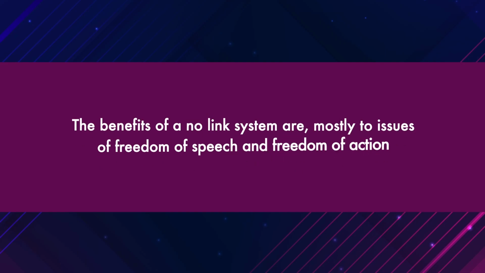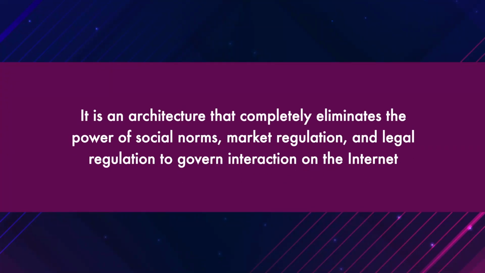The benefit of a no link system is basically that issues of freedom of speech and freedom of action can be taken care of, but there is an issue in this also. We will discuss it later. It is an architecture which completely eliminates the power of social norms, the market regulation and the legal regulations to govern the interaction on the internet.